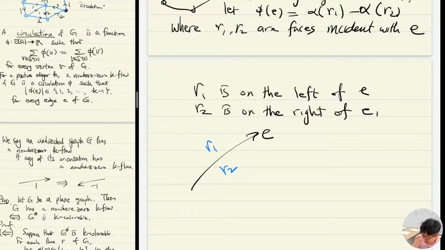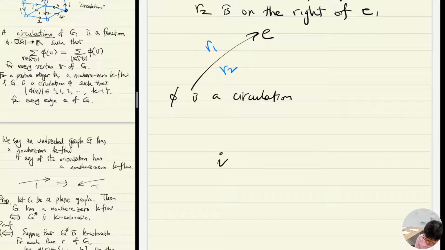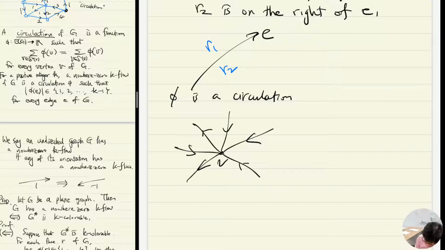Now I want to say that phi is a circulation. Why? Let's look at the vertex V. So you have some incoming edges, some outgoing edges. It could be mixed, and we have faces R1, R2, R3, R4, R5, etc., RL. Now, the property of being a circulation doesn't change if we reverse an edge, because when you reverse it, this becomes a new R1.